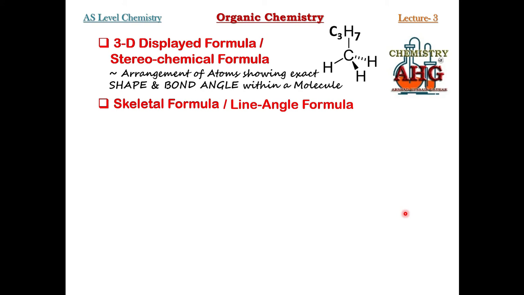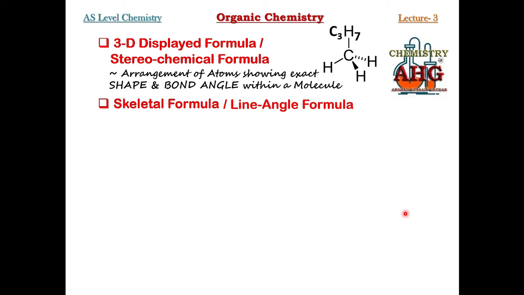Now what you must remember, whenever you are asked to sketch, to write down, to draw skeletal formula or line angle formula, there are three simple pieces of information that you must keep in your mind, and these will help you to sketch the skeletal formula of any organic compound in an appropriate way.